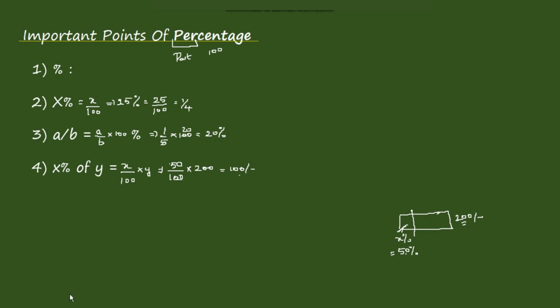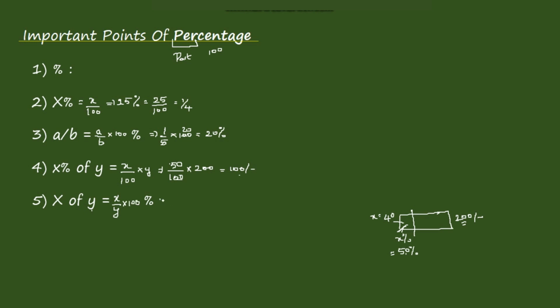Coming to the next one, if you have something like x of y as a percentage. Similarly, if you are using 40 rupees for chocolates out of 200 rupees, how much percentage are you using? For this you will use x by y into 100.